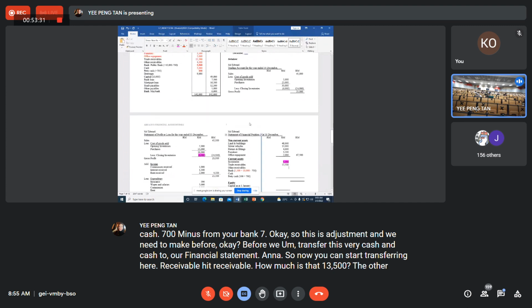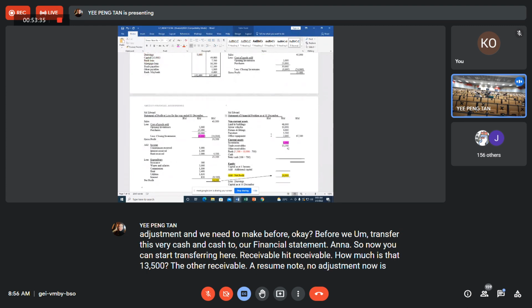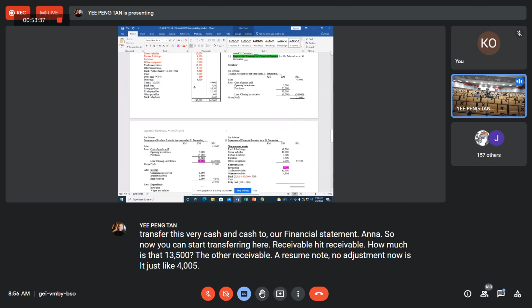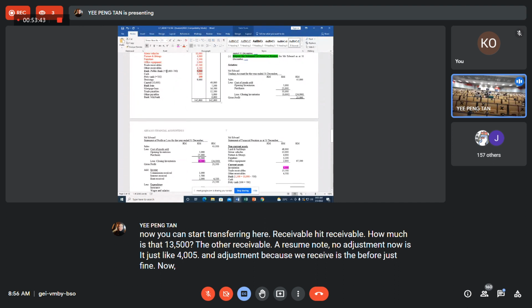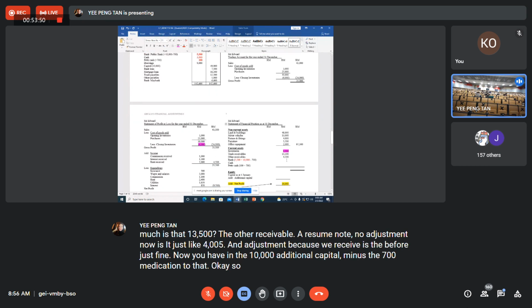Other receivable, no adjustment, it's 4,500. And public bank has an adjustment now, because before adjustment it is 5,500. Now you have to add in the 10,000 additional capital minus the 700 petty cash transfer. So you should get your bank how much?